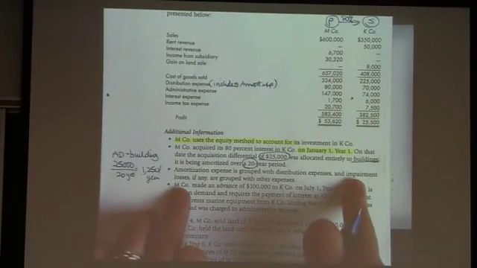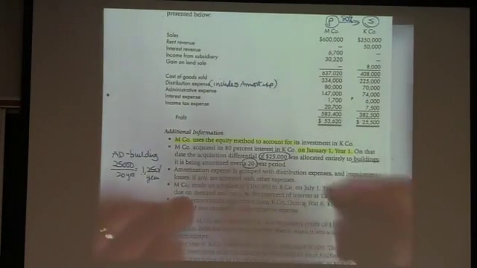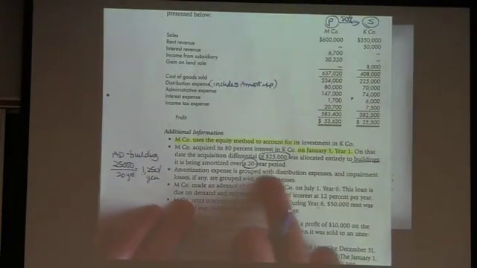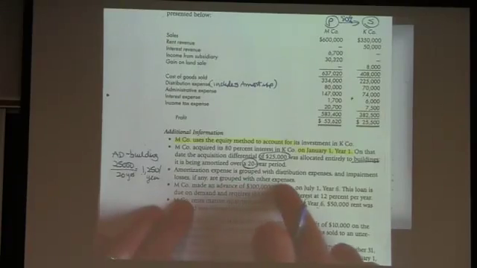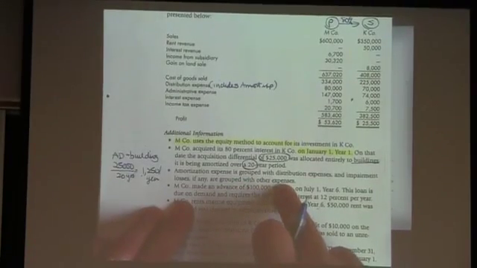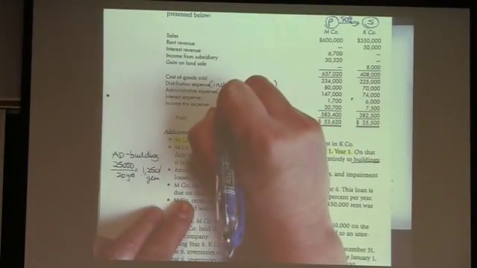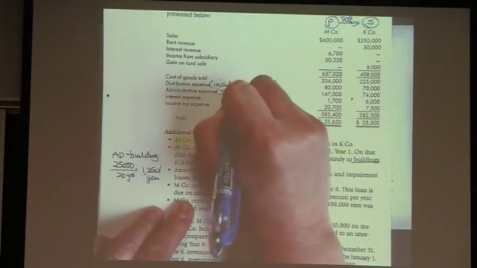An impairment loss, if any, is grouped in other expenses. So I'm going to write that down: impairment loss is grouped in other expenses. So I'm assuming it's other admin, right? Impairment.